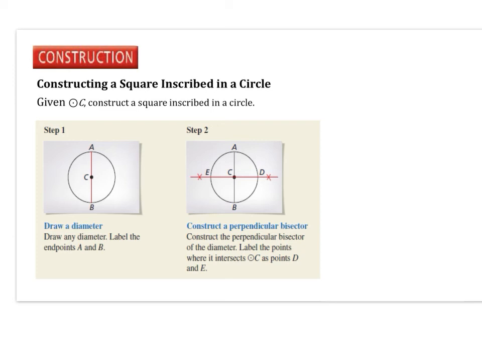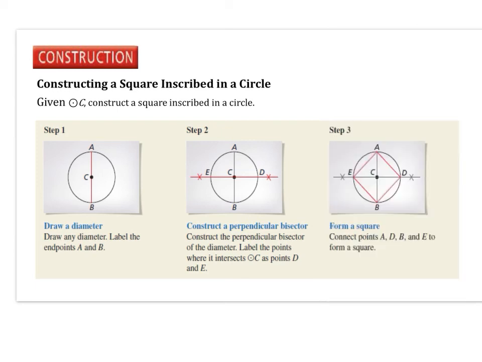Label the points where it intersects circle C as points D and E. And then finally, connect points A, D, B, and E to form your square.